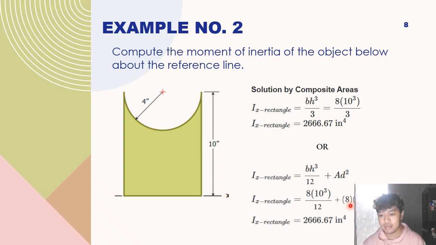For our area, we have here the whole area of the rectangle. Sorry, this is wrong. This should be 8. Let me check first: 8 times 10 times 5 squared. Wait, let me correct that.